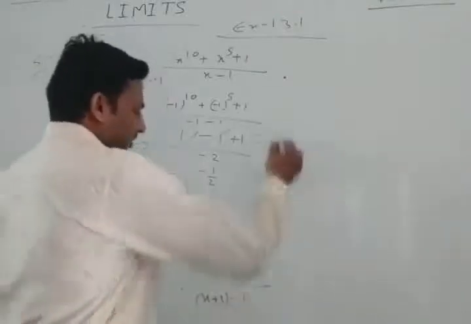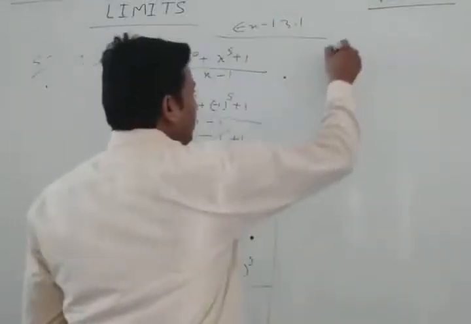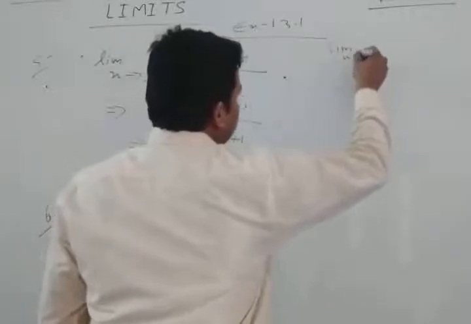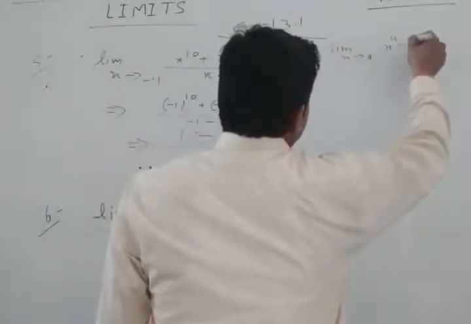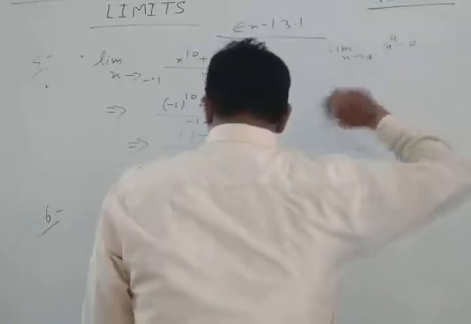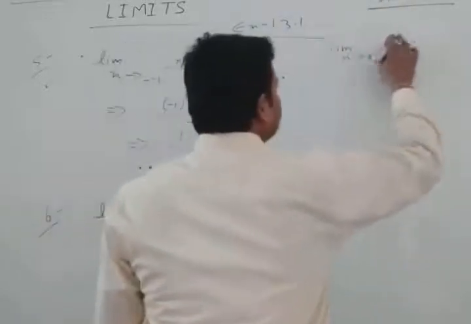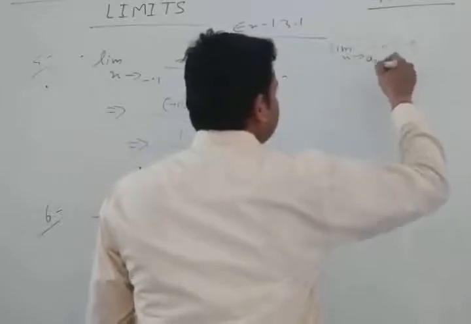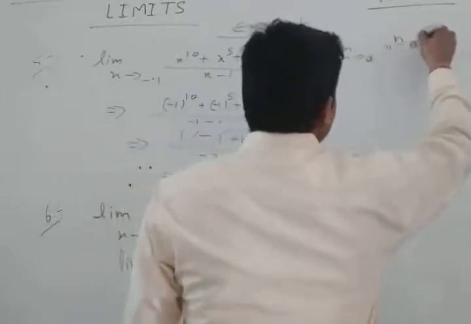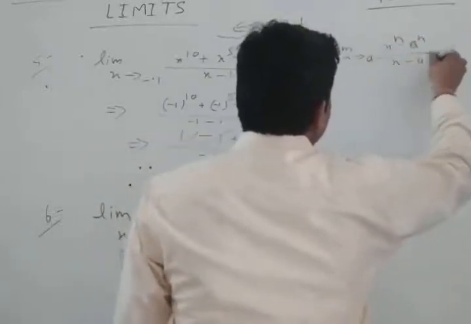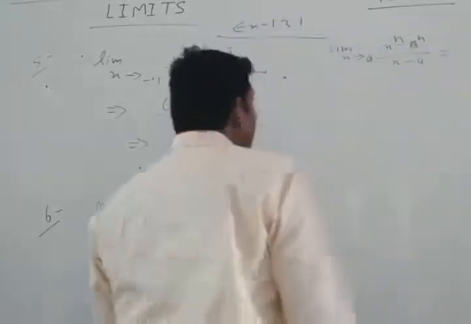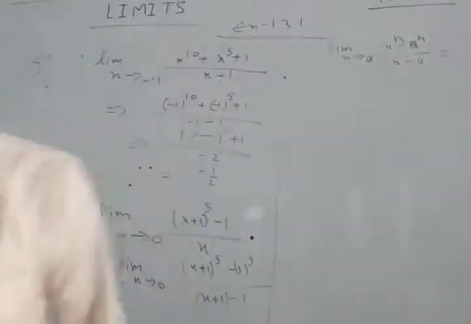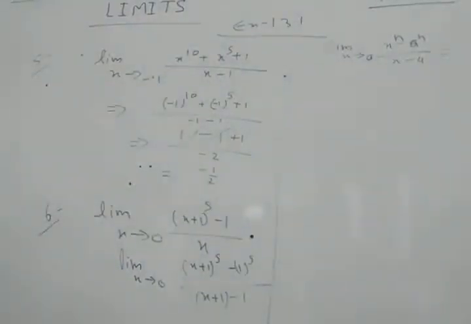Now we know the limit x tends to a of x to the power n minus a to the power n on x minus a. We know the result.